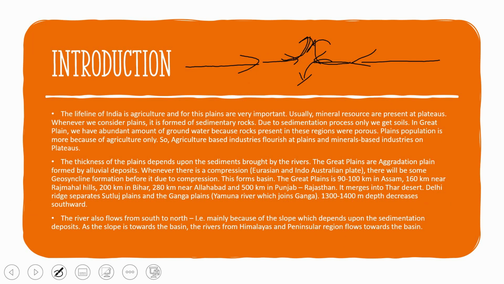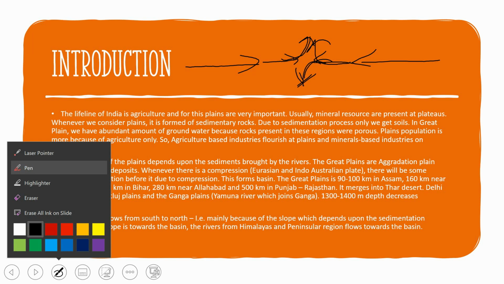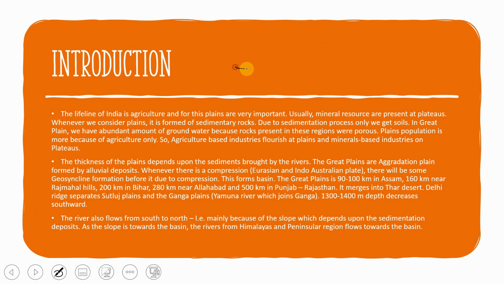But in the Himalayan formation we saw that the Indo-Eurasian plate is the denser one, so it is subducting below. Whatever the pressure, two things are coming and pressure is building there, and you are getting the formation of a mountain.